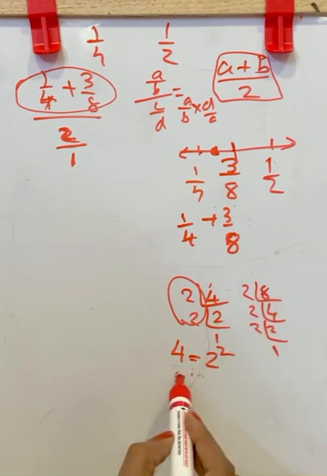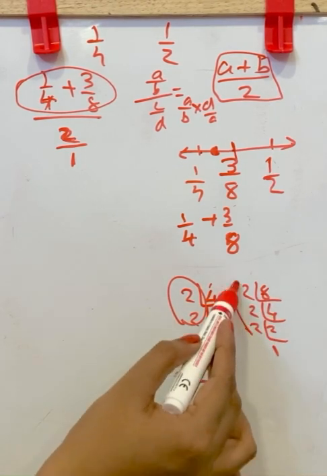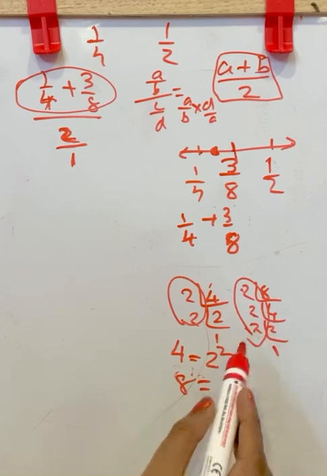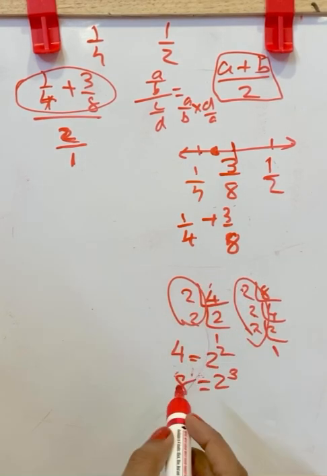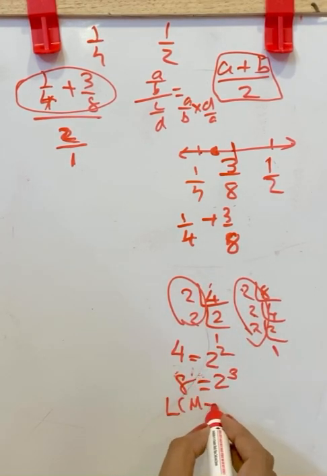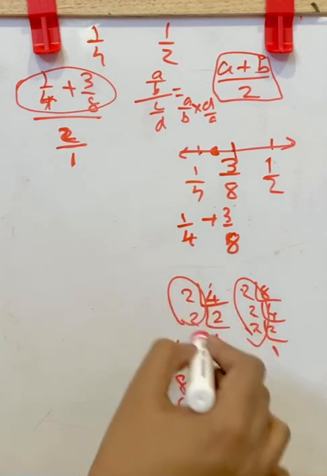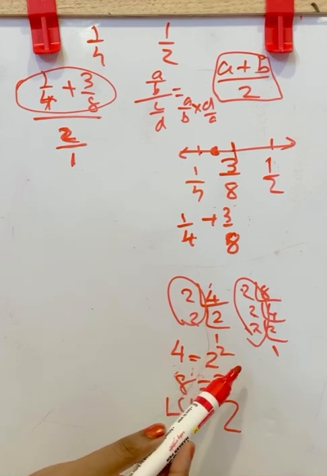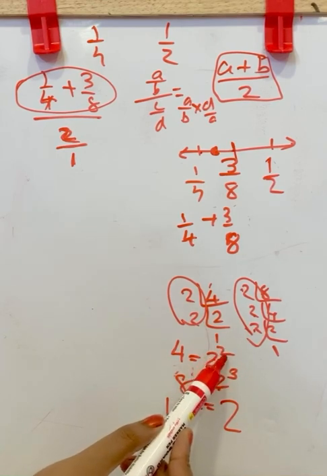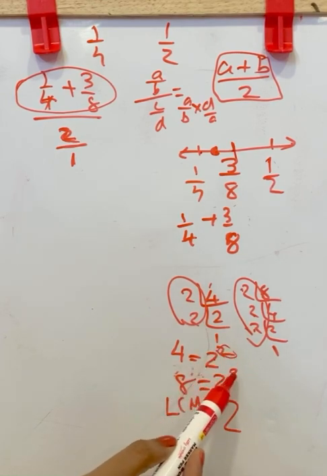Now this 8 can be written as 2 into 2 into 2, 2 cube. Now LCM is all the factors here. Here the only factor is 2 and its highest power. Here it has 2 raised to 2, power is 2. 2 raised to 3, power is 3.